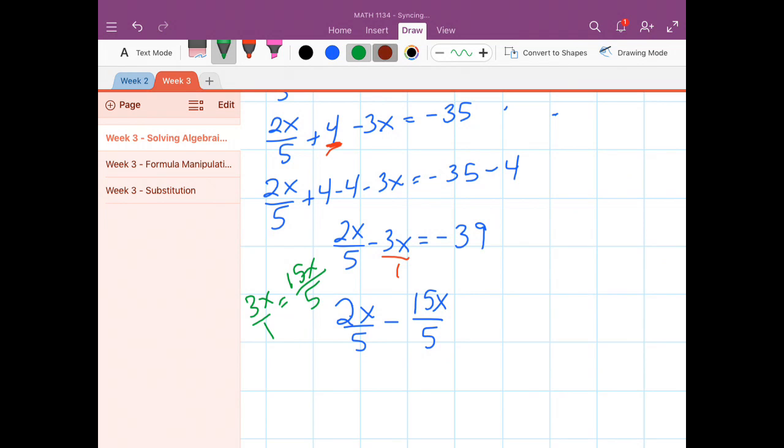I've just multiplied both the top and the bottom by 5. Okay? So 2x minus 15x is going to be minus 13x over 5 equals minus 39.